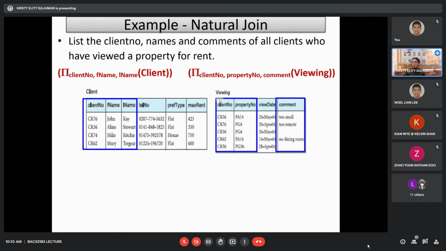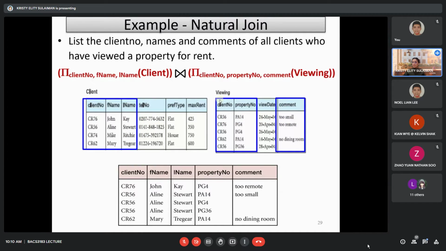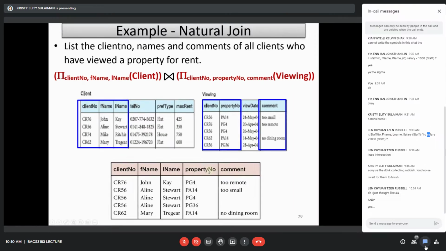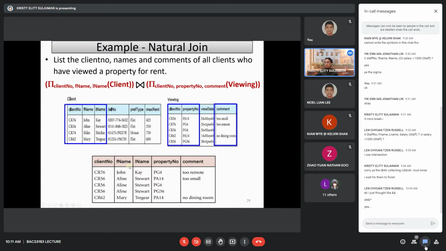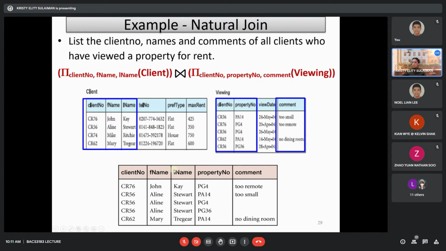We look at the rows that are equal and at the same attribute names. You get the client number, first name, last name, property number, and comment. All these clients have viewed a property, and we also include the comment. So this is natural join.